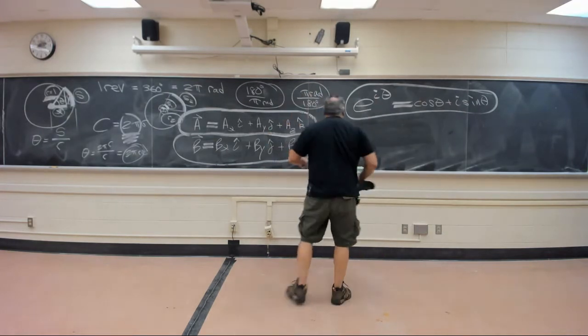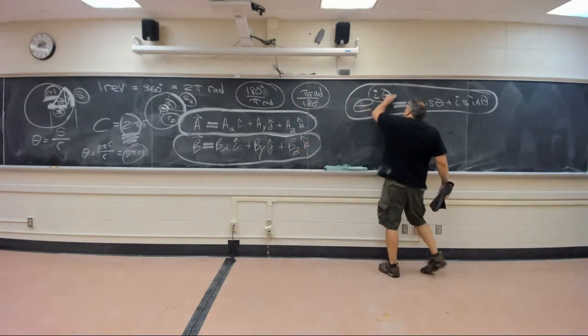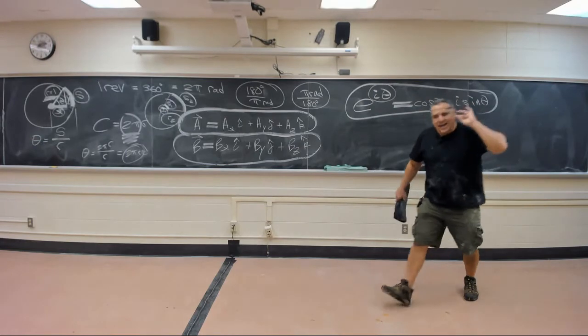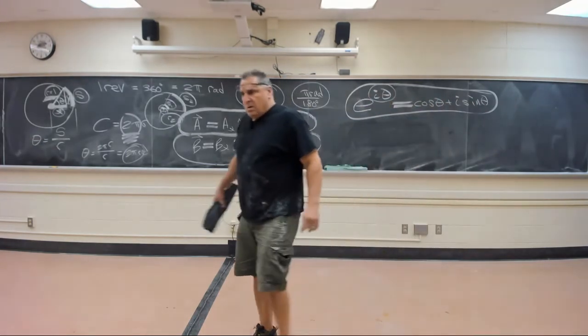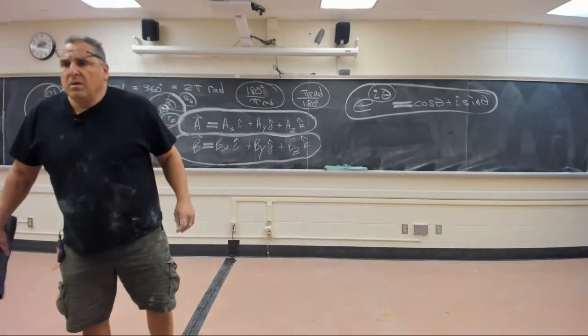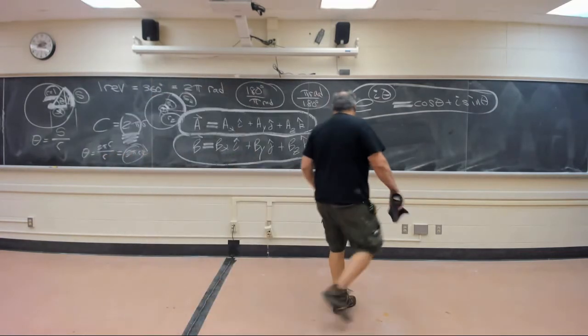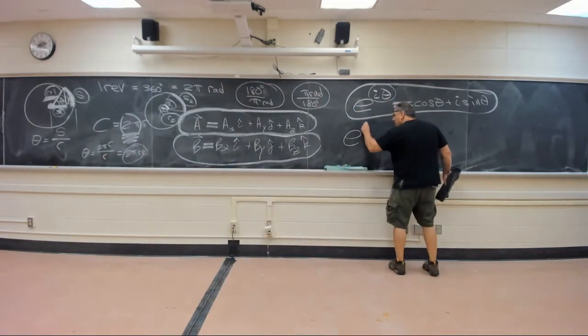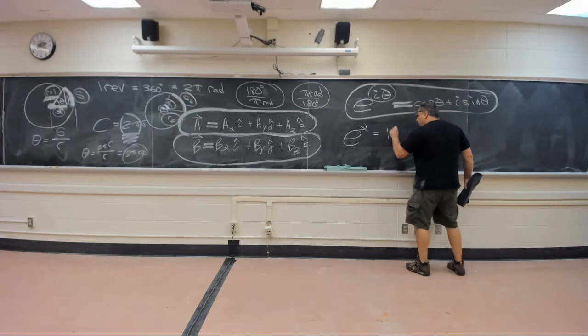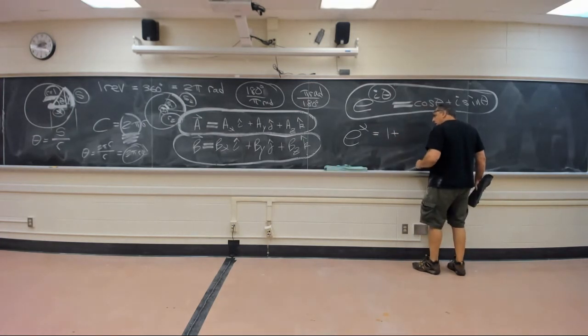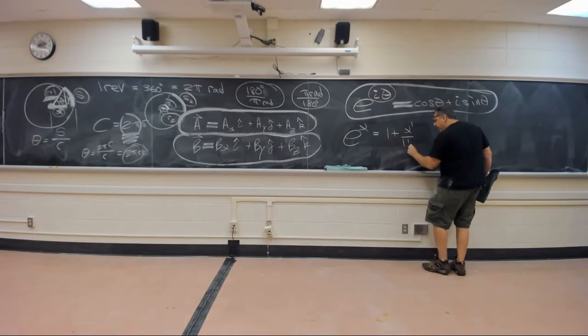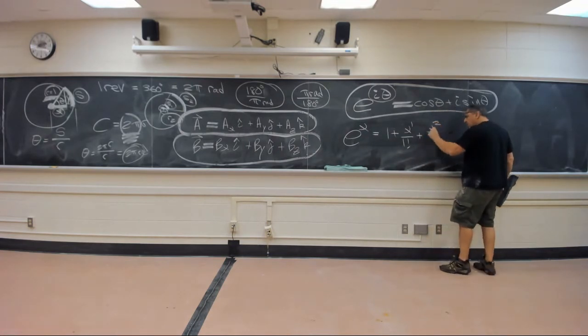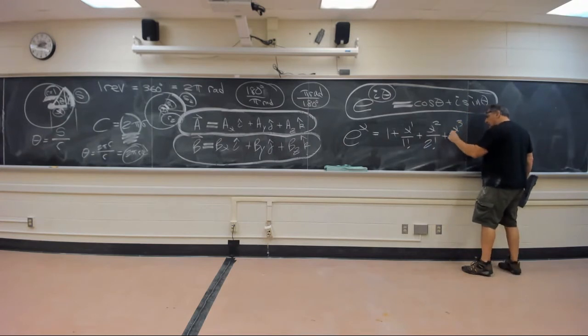When you plug this, the i theta, into the function e to the x equals 1 plus x to the 1 over 1 factorial plus x to the 2 over 2 factorial plus x to the 3 over 3 factorial.